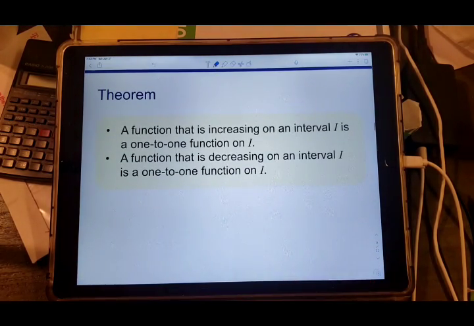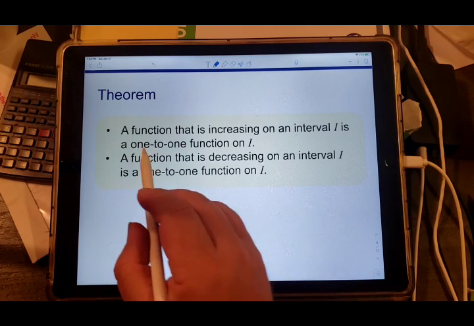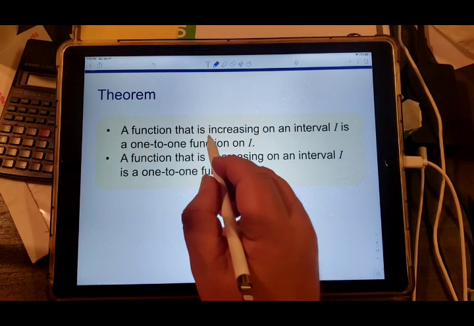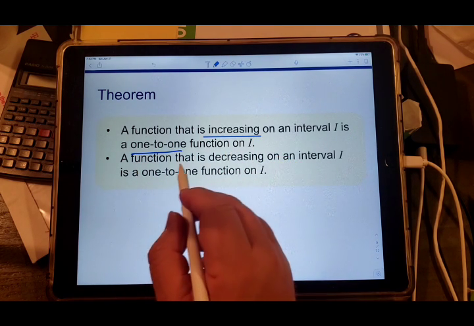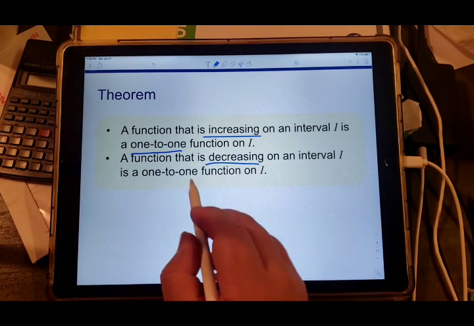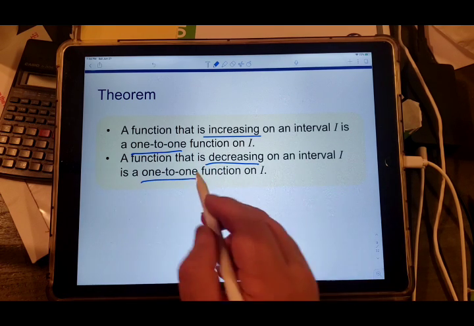They got to throw this at us. This isn't required for every 1 to 1 function, but a function that is increasing is 1 to 1. And if the function is decreasing on an interval, it's 1 to 1.